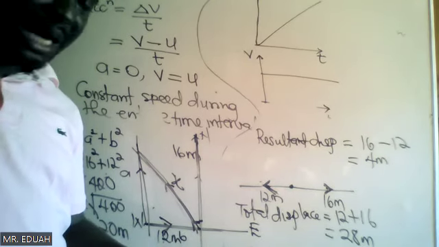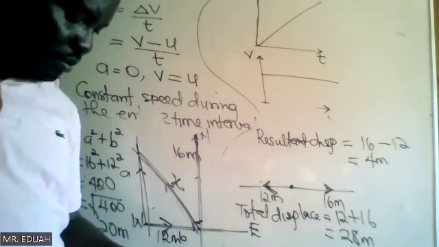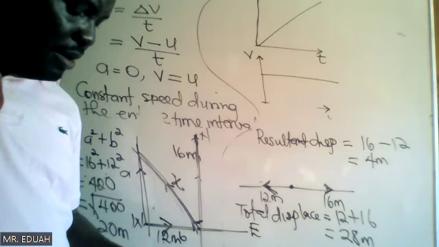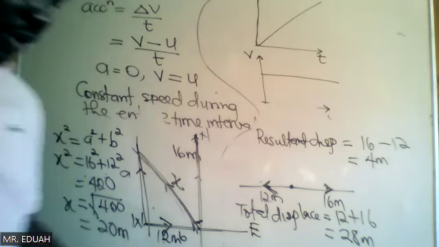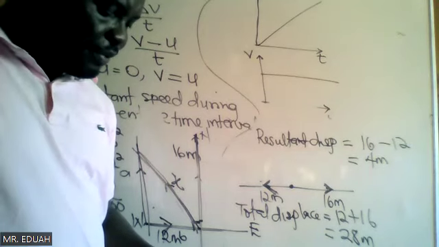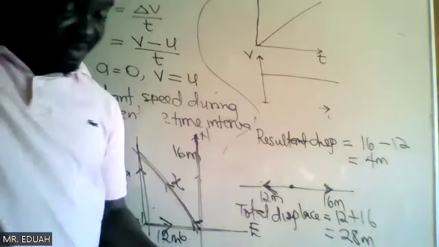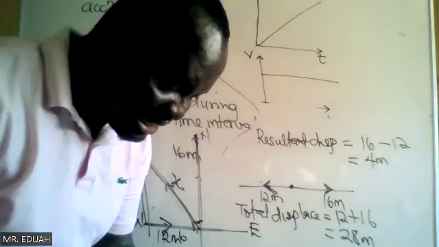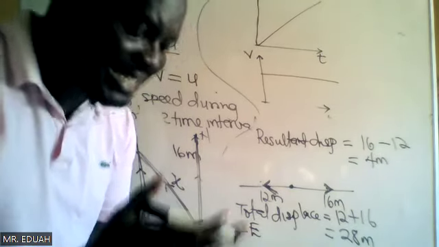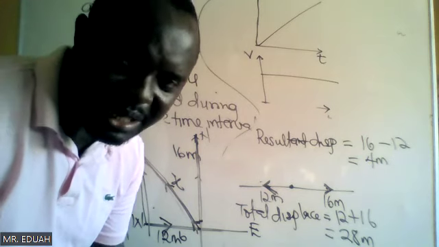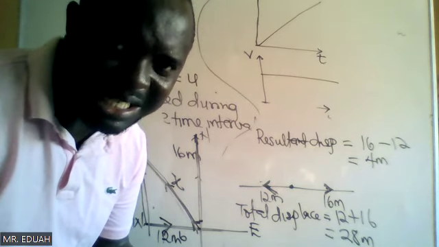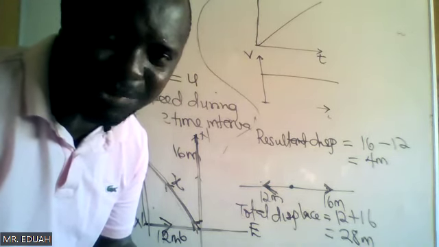So let's look at the graph. It's a velocity time graph. If you have a velocity time graph and the gradient, the slope is 0, what does it mean?